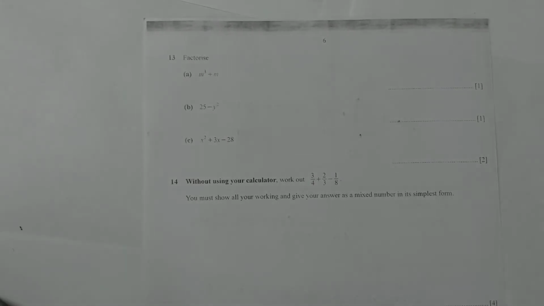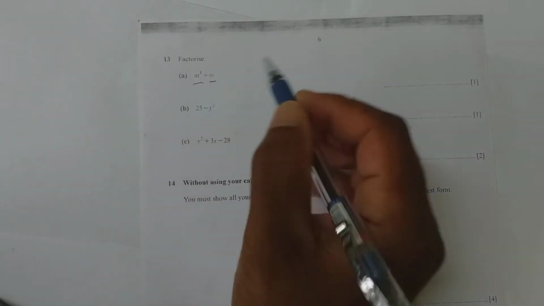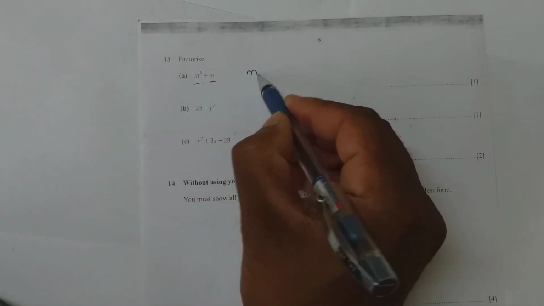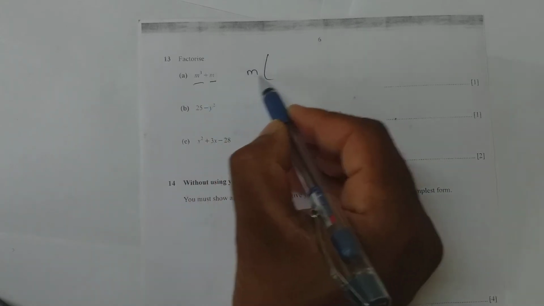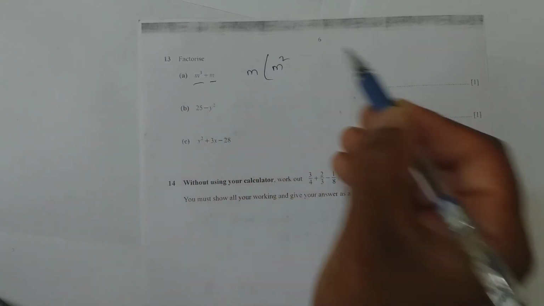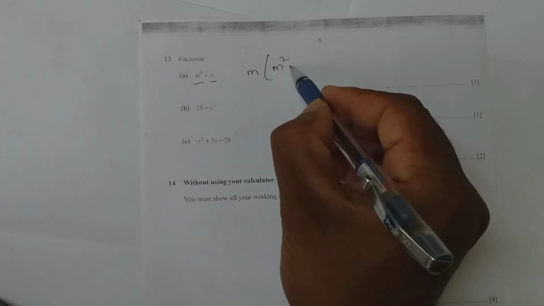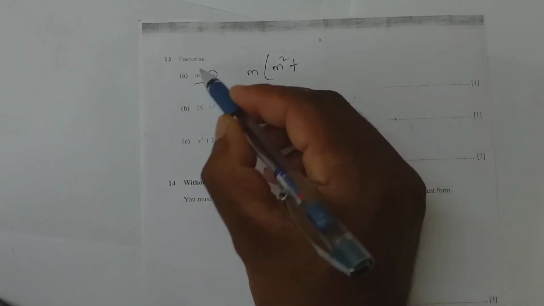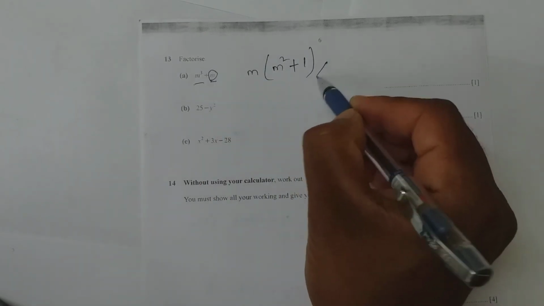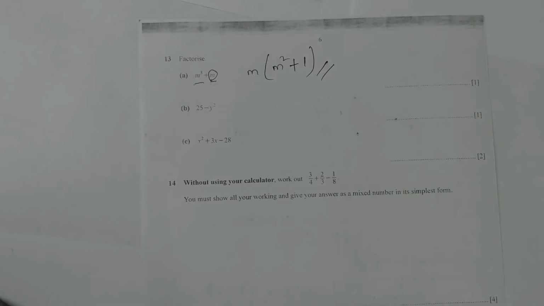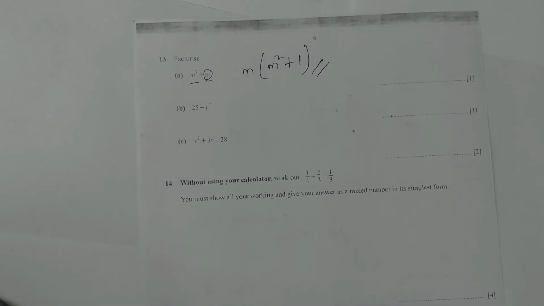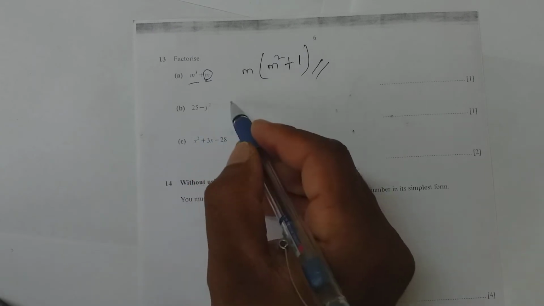Now next sum. Factorize m cube plus m. What can be taken common in both? Only m. From m cube, m has come out, so only m square will be left. Plus m has come out, so only 1 will be left. This cannot be simplified further, so leave it like that. Now next one, 25 minus y square.